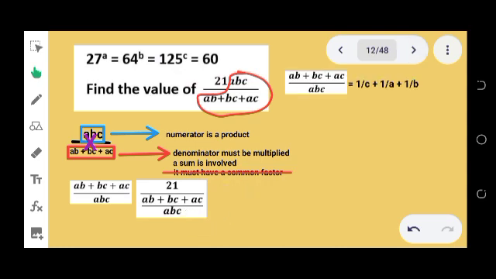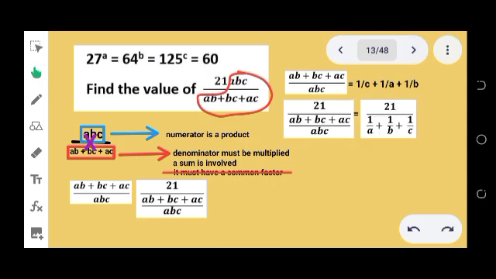Doing some cancellations, we will be able to get AB plus BC plus AC over ABC equal to 1 over C plus 1 over A plus 1 over B. So that means 21 over AB plus BC plus AC all over ABC is now equal to 21 over 1 over A plus 1 over B plus 1 over C.